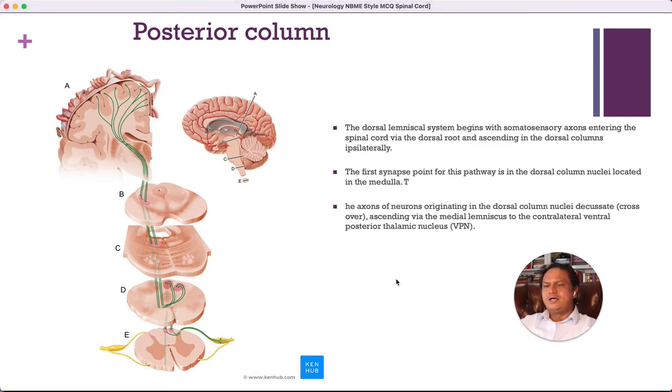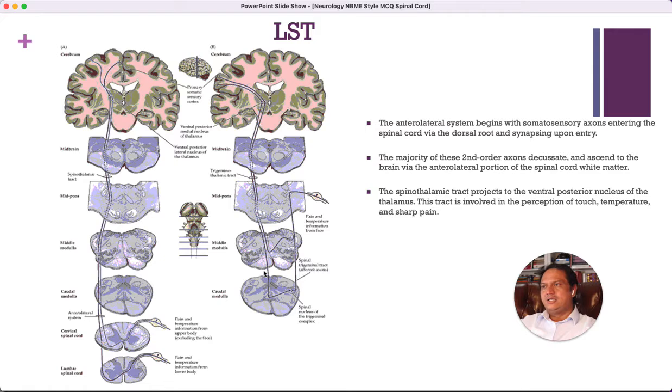If you contrast that with the lateral spinothalamic pathway, or anterolateral pathway, when the first order neurons enter the spinal canal, at the level or slightly above, sometimes one or two levels above where they enter, they synapse in the posterior horn of that H, that gray matter area.